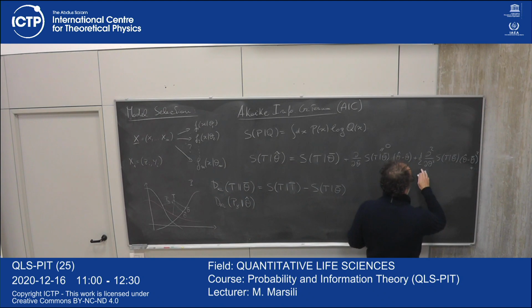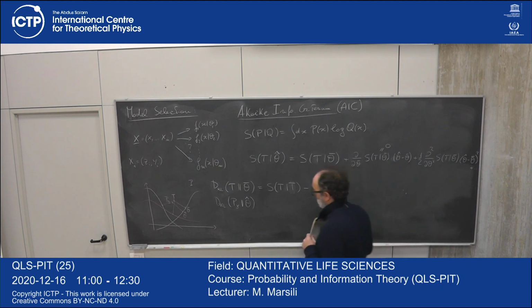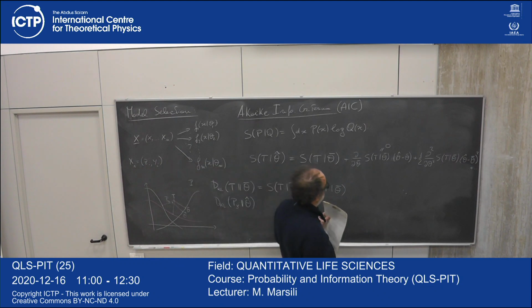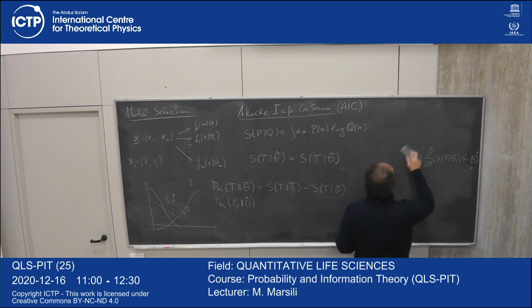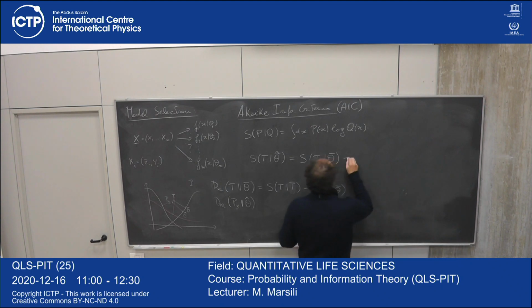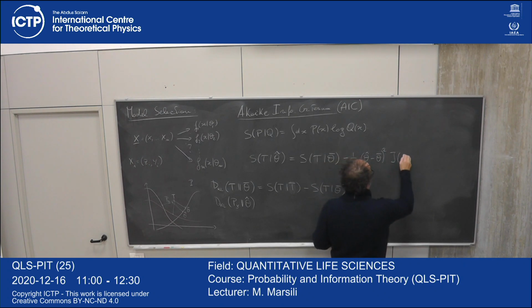And if you work out what this second derivative is, well, not surprisingly, you again find our friend, the Fisher information. So the expression for this is minus 1/2 times theta hat minus theta bar squared times the Fisher information.